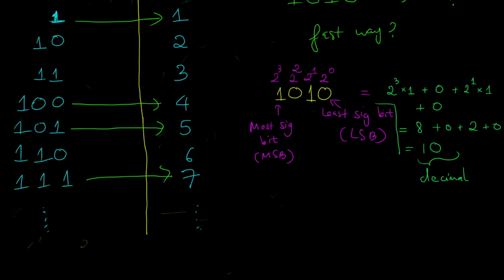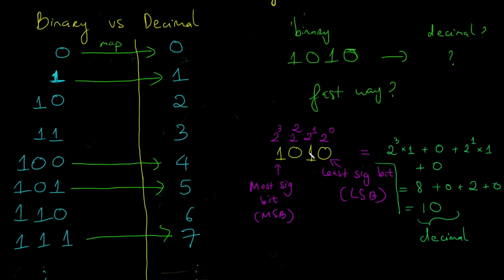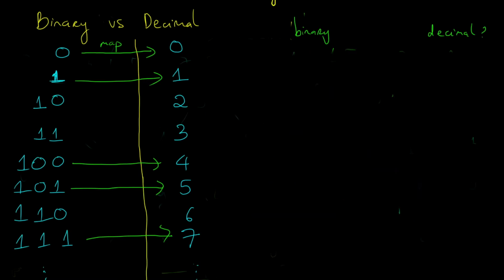Let's have another example to help you have a better understanding of this. Let's say I want to convert the number 11011 to decimal. So how am I going to do that? From here, the least significant bit right here is always 2 power 0. This one is going to be 2 power 1, this one 2 power 2, this one 2 power 3, and this one 2 power 4.